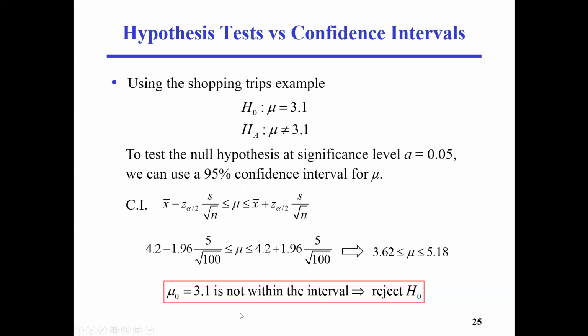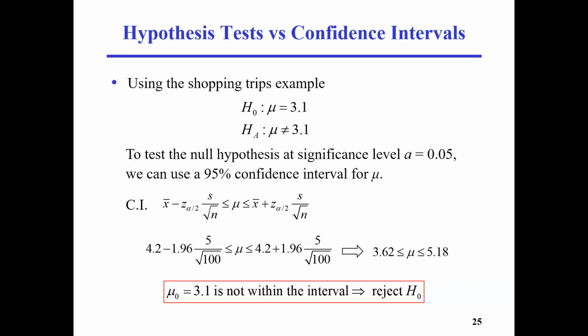What did we do? We compared the value of mu0 and the confidence interval we just created. If mu0 is within this confidence interval, then we do not reject H0. But here, 3.1 is outside of this confidence interval based on this specific alpha value, so we reject H0.